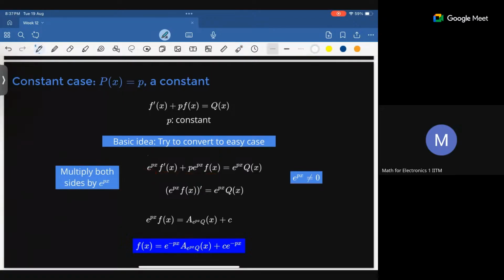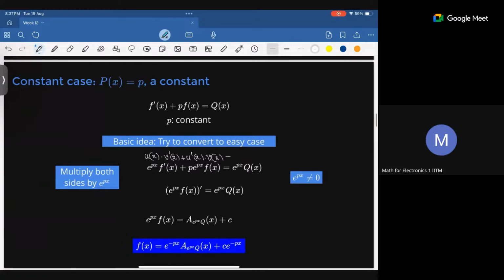So now it is in the form of u of x into v prime of x plus u prime of x into v of x. When you take v of x to be f of x and u of x to be e power px, you can clearly see that it is in that form.